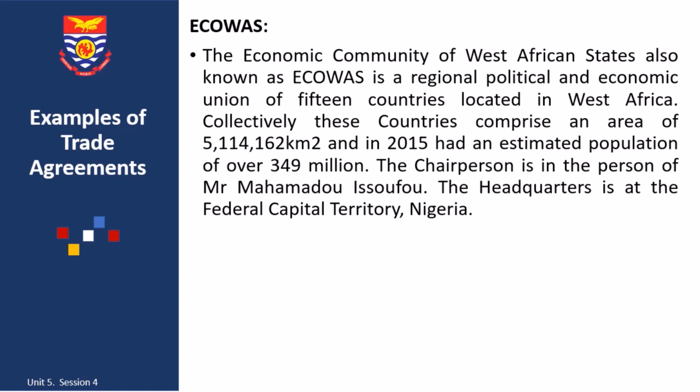The chairperson is the president of the Republic of Ghana, but as at when the book was being written, the chairperson was Mr. Mahamadou Issoufou. The headquarters is at the Federal Capital Territory in Nigeria.